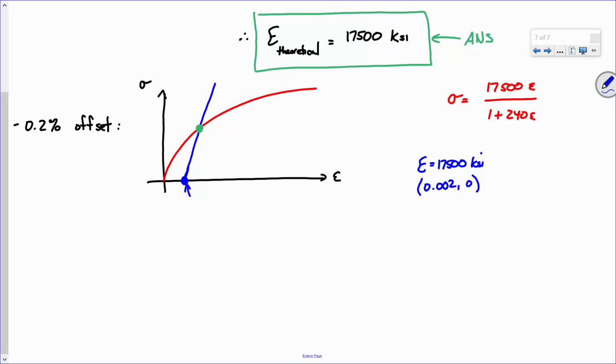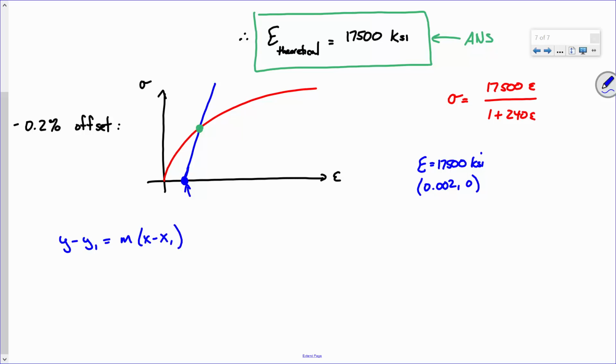Y'all remember this? What do we know about that blue line? We know its slope. Its slope is m, which in this case is this E value. Then we have x sub 1 and y sub 1, which is the coordinates of that point. Now we have an equation of this line, right?